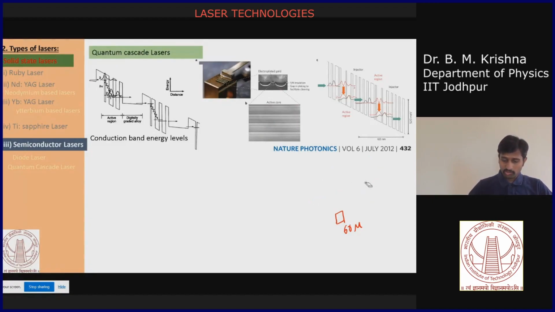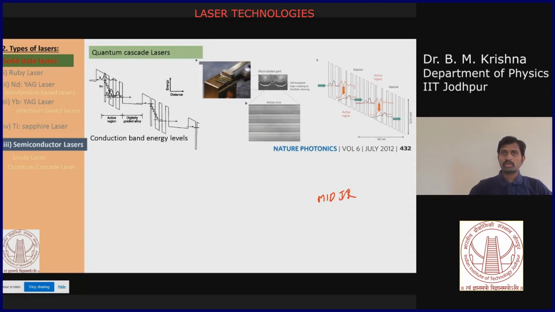The main advantage of these devices is that typical semiconductors will stop lasing. They can give up to mid-IR. After mid-IR, your energy gap is very small. Okay, if you convert your wavelength into your energy scale, your energy gap is much smaller. It is very difficult to achieve such devices. We would have to find very low band gap materials.